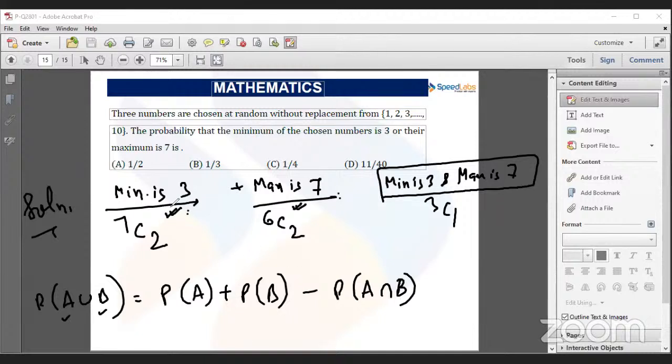Okay. So ये हो जाएगा 7C2 by choosing 3 numbers 10C3 plus 6C2 by 10C3 minus 3C1 by 10C3. क्या आंसर आएगा चेक कर लो एक बार.